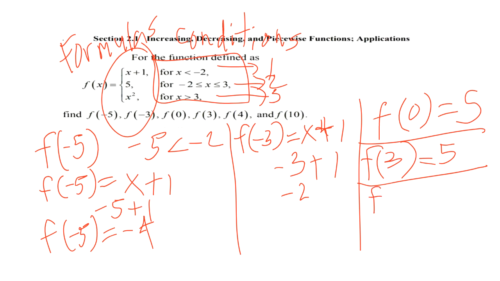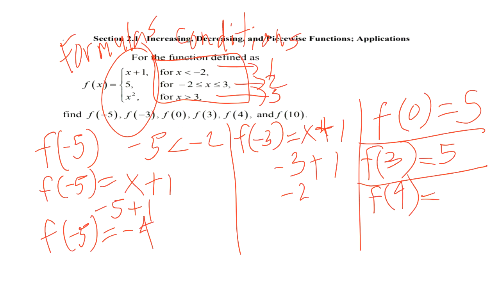So now we have f of 4. And so we go back to all my conditions or my constraints. So is 4 less than -2? No. Is 4 greater than or equal to -2 and less than or equal to 3? No. Is 4 greater than 3?